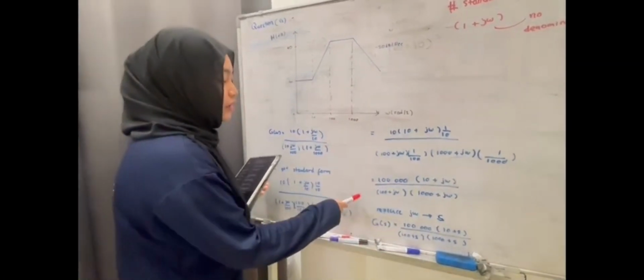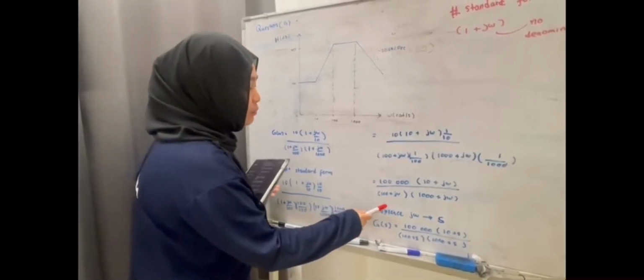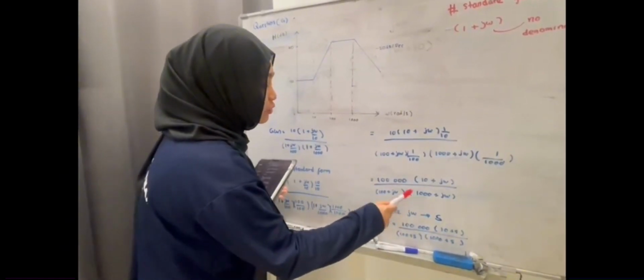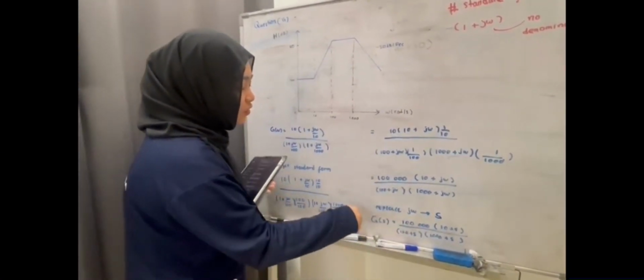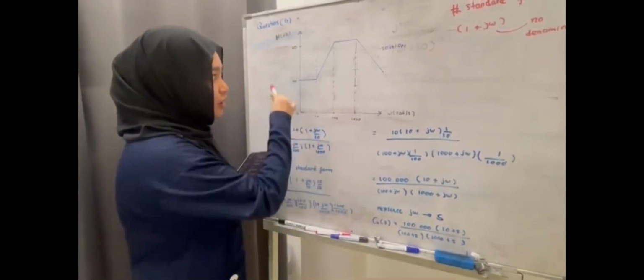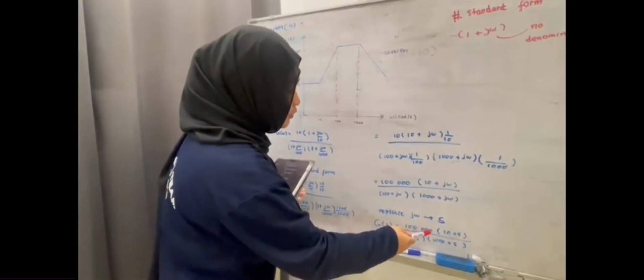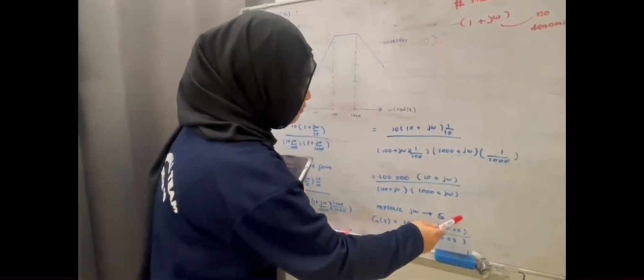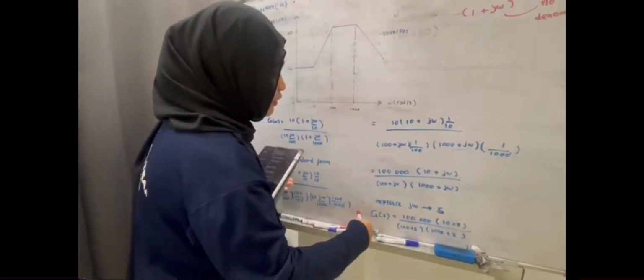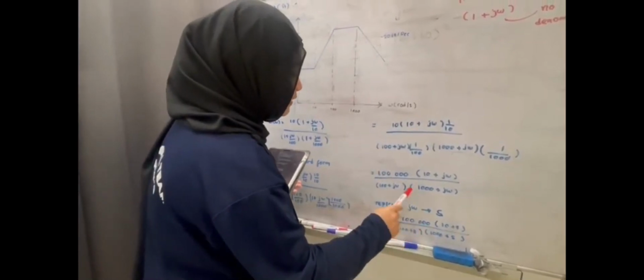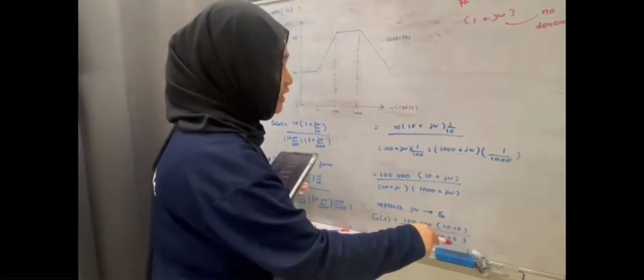Then we need to replace j omega with s. So the standard form for this Bode plot is 100,000 multiplied by (10 plus s) over (100 plus s) multiplied by (1000 plus s).